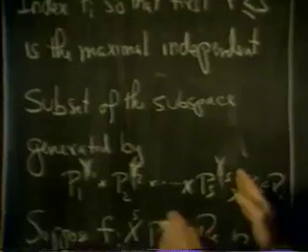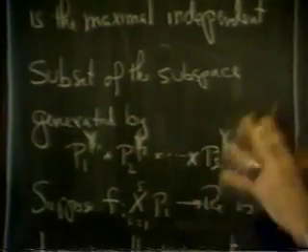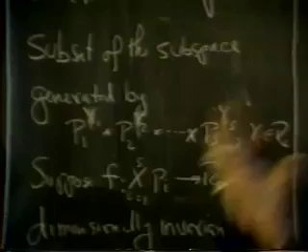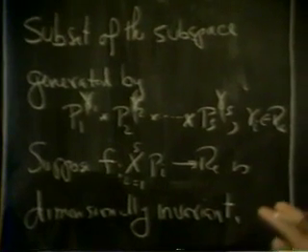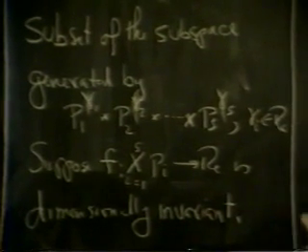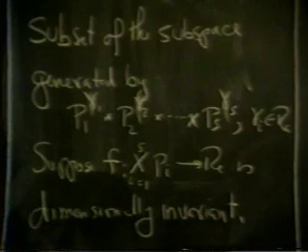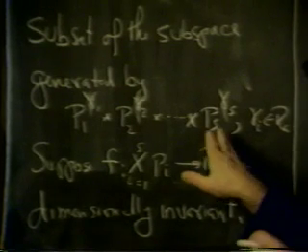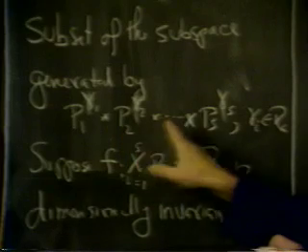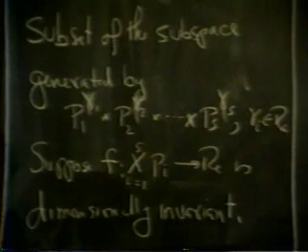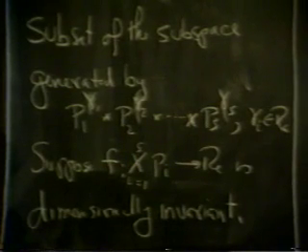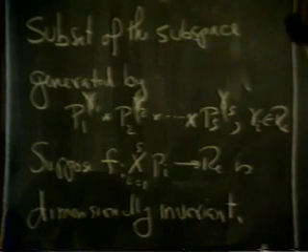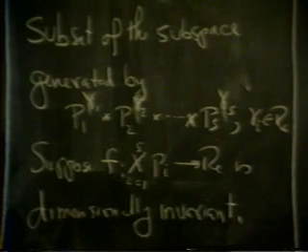So we look at the subspace that's generated by that set of dimensions, which may be less than the entire space of structure of physical quantities, and we ask what is the minimal subset of these dimensions that will span that subspace. And we denote those by 1 through R.